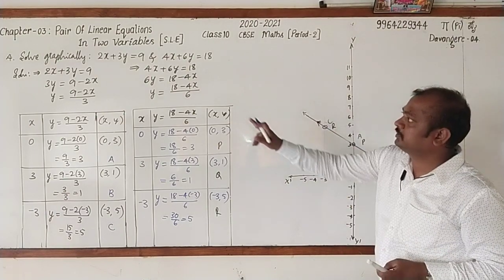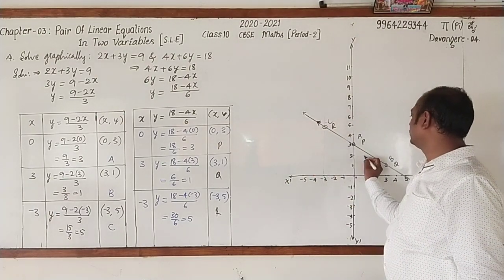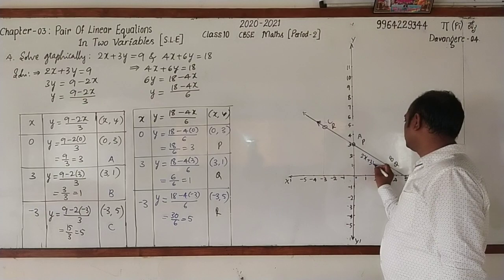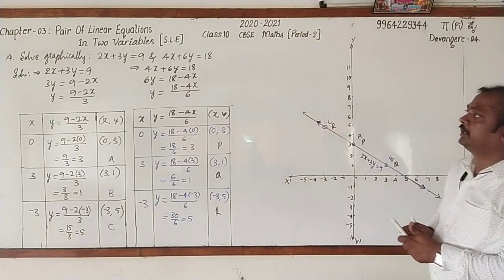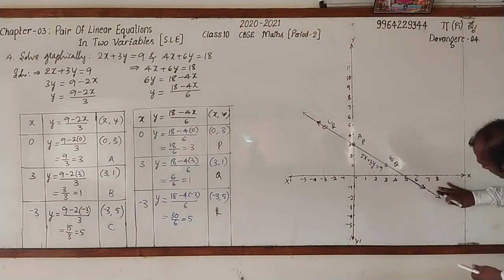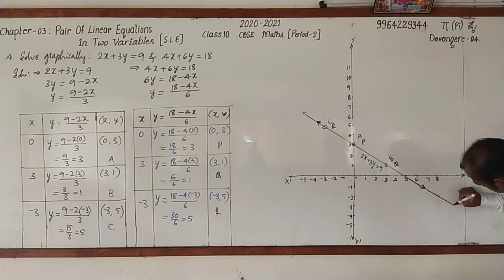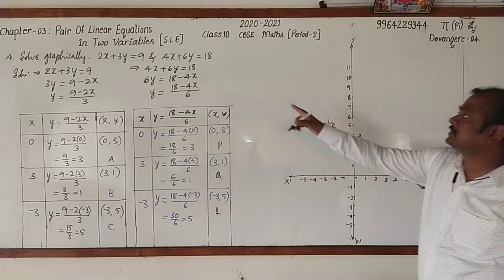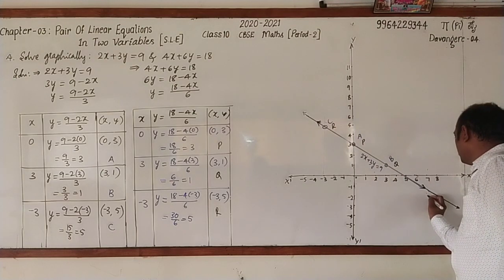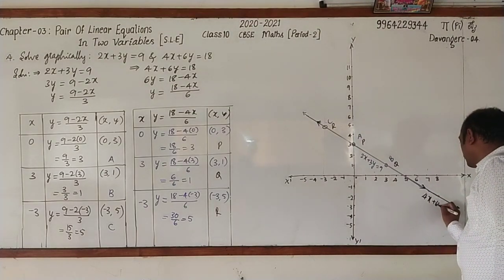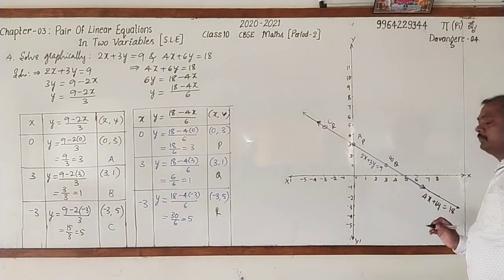What is that? 2x plus 3y equal to 9. And the black color line, I am going to extend it. It represents the second equation, 4x plus 6y equal to 18.